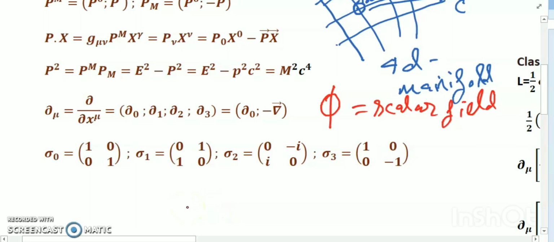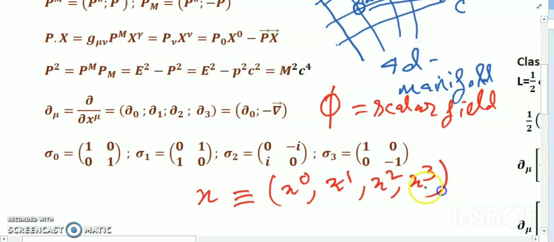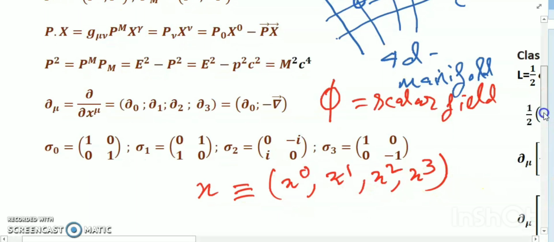We are going to say the spacetime point is x, and x stands for x0, x1, x2, x3, and phi of x mu.